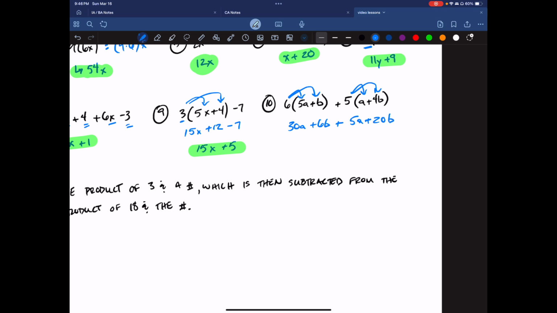Okay. Again, you look for your like terms. So in this case, where are my like variables at? So 30A and 5A, that's going to be 35A. 6B and 20B, that's going to be 26B.